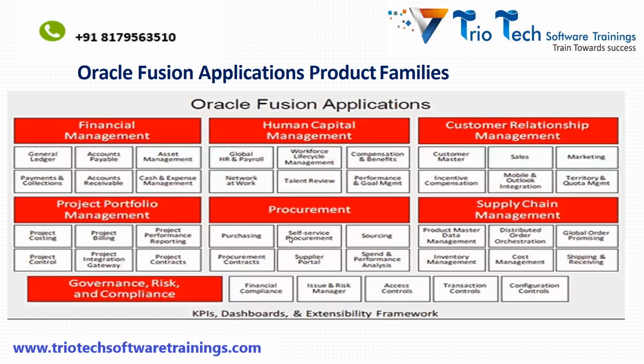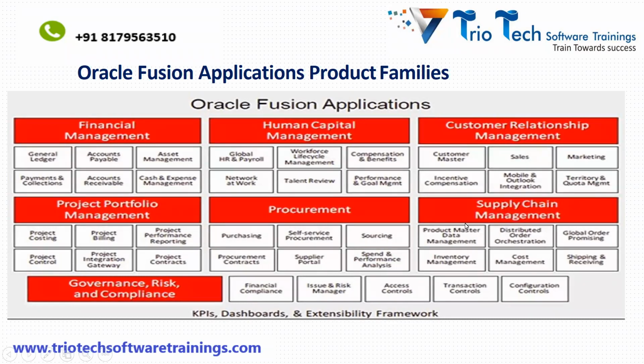Now, our focus in this Oracle Fusion SCM demo, as offered by TrioTech software trainings, will be on procurement and supply chain management. So let us see what modules are offered as part of Oracle Fusion procurement. We have purchasing, self-service procurement, sourcing, procurement contracts, and supplier portal.